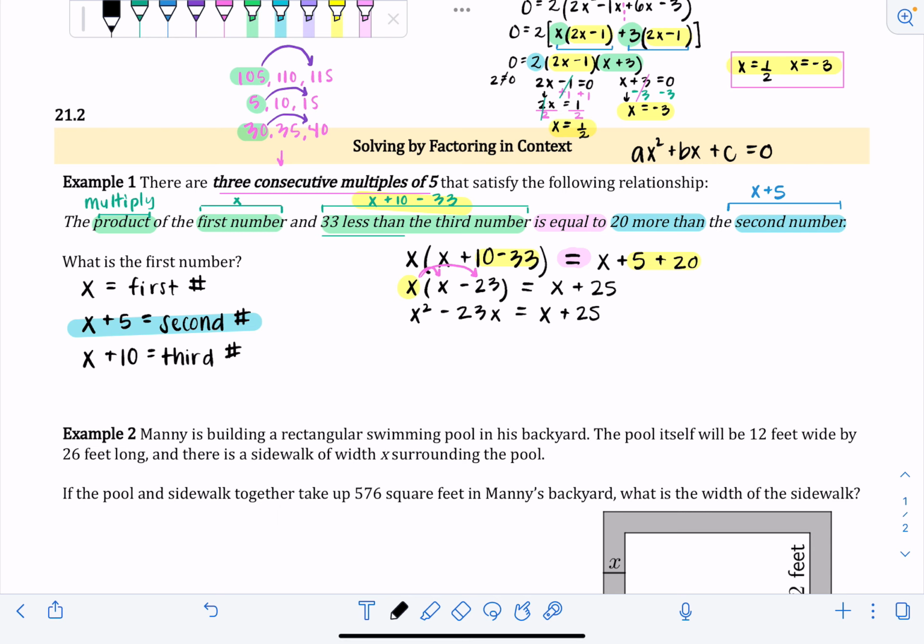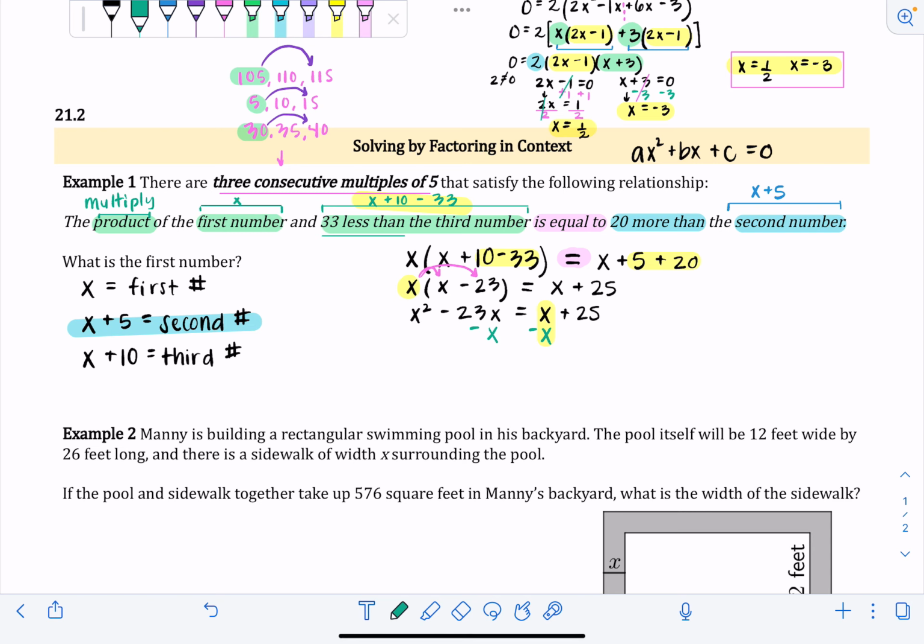So if I have to get everything on one side, I'm going to have to use inverse operations to cancel out some of this stuff. It's much easier if we keep the x squared term, like the lead coefficient and the lead term, positive. So I'm going to first subtract this x over. I'm going to take these two and cancel those out on the right to move them over on the left, because I don't want to have to subtract x squared, because I would like to keep it positive. So I'll subtract x from here, and then I also have to subtract it from the other side of the equal sign.